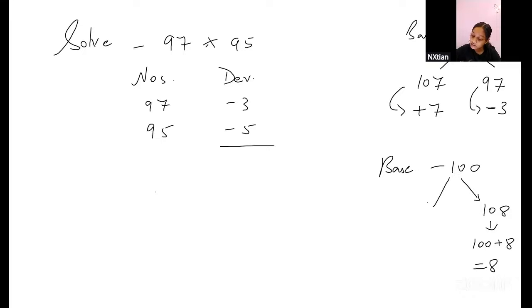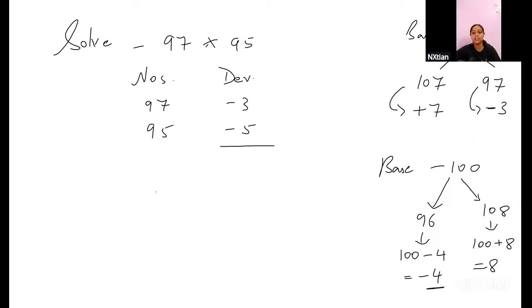But if I have another number which is also close to 100 but less than 100, it is 100 minus 4, which gives me 96. So the deviation is going to be minus 4.